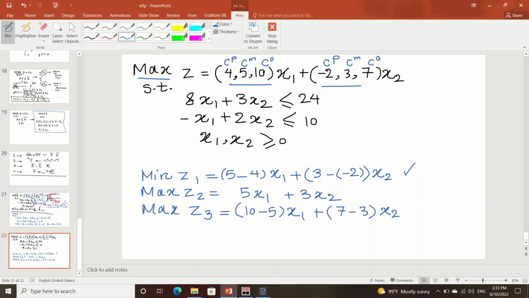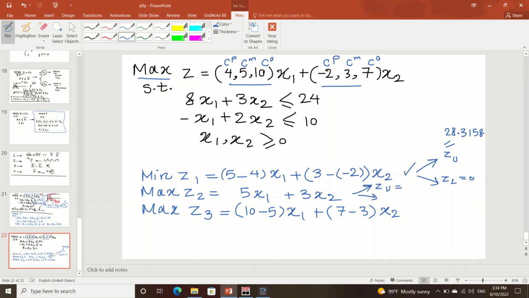For example, Z upper for the first objective function and Z lower. Z upper equals 28.3158 and ZL equals 0. For the others also we have obtained these values.